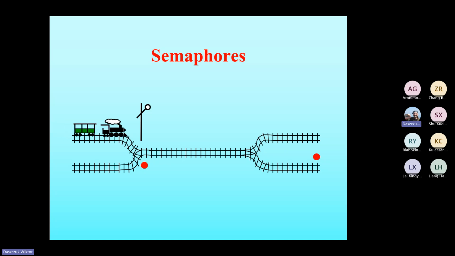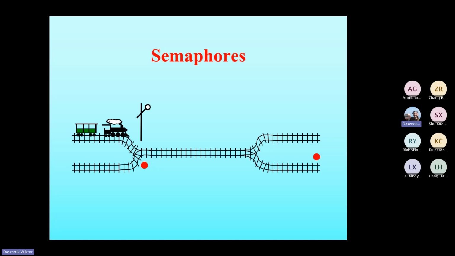And when the train approaches, in old semaphores, not electronically operated, the train just moved some metal elements with its wheel.